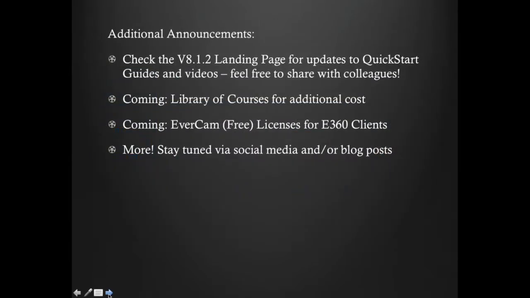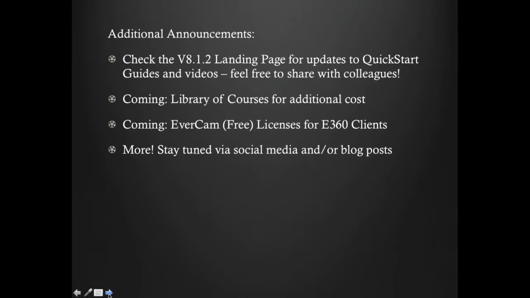All right. Some additional announcements before I go into showing all the other different features and updates. Check the landing page for updates to the quick start guides that are coming through training right now. Feel free to share that page with your colleagues. We're also going to be releasing a library of courses for an additional cost. So these would be things that your typical corporation needs like OSHA, sexual harassment, those kinds of courses.